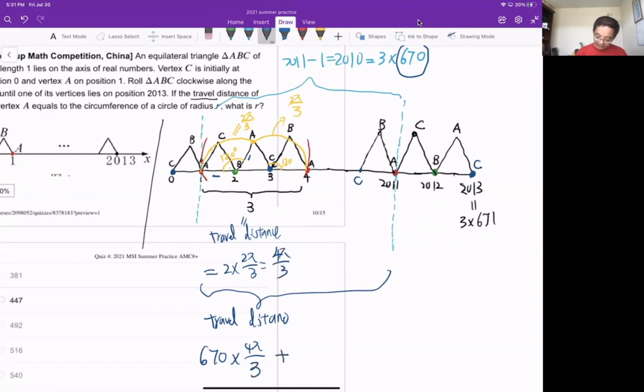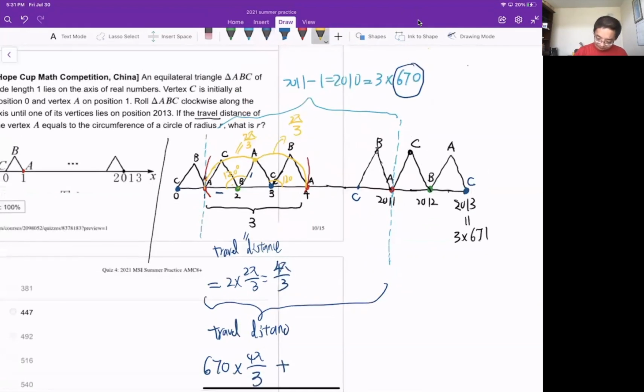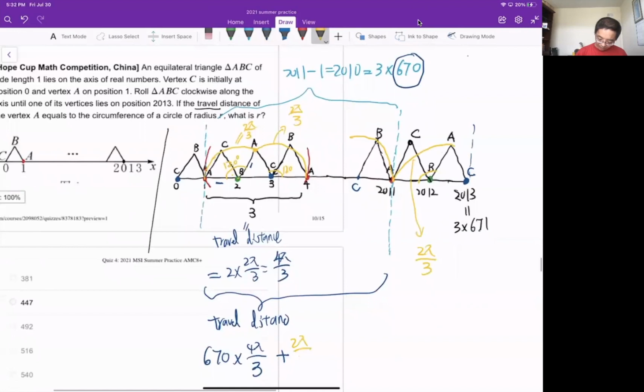And then you add one more, because here is the destination, and there's one more right here. So this one is an extra 2 pi over 3. So we just add this extra 2 pi over 3.